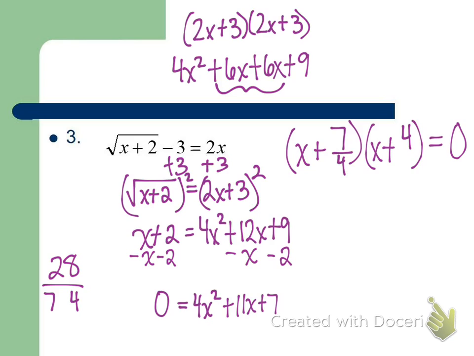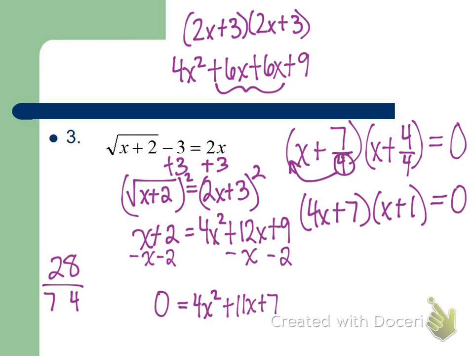So we have to put this over a 4 and over a 4. The last step of bottoms up is to think about if we can simplify it or if the bottom needs to go up. Bottom needs to go up. Okay, on the first one, this bottom needs to go up to the front. So we have 4x plus 7. And then the other one will simplify to be x plus 1.